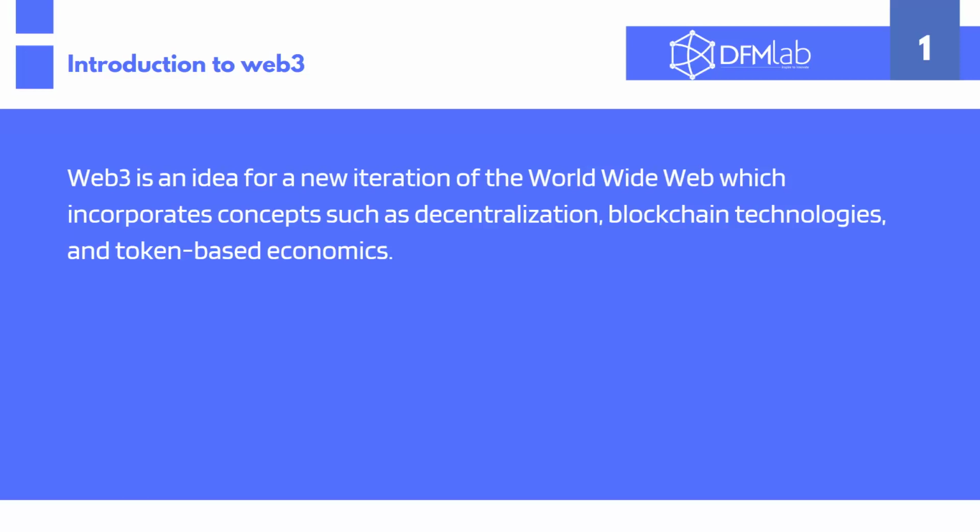We can create a program like that and tokenize it. For every fish we raise, we can tokenize it and call it something like a fish token, adding value by tokenizing it. These are some of the core concepts of Web3.